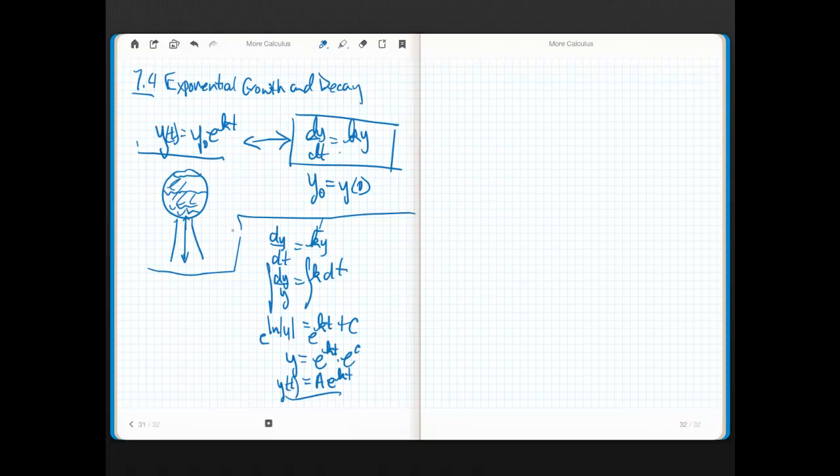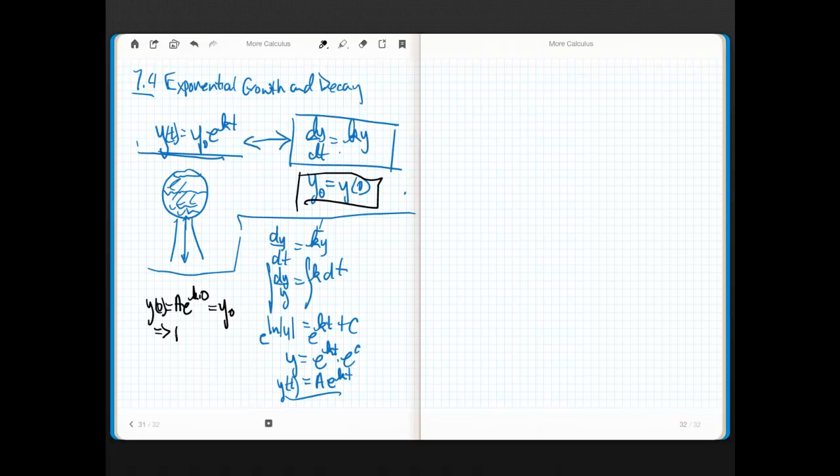Well, this and this are not the same. However, because of this piece of information right here, I can say y of 0 is equal to a times e to the k times 0, which we know by definition is equal to y naught. Well, e to the 0 is 1.